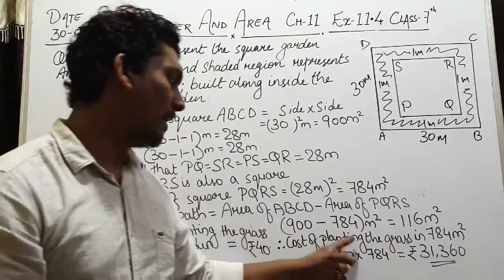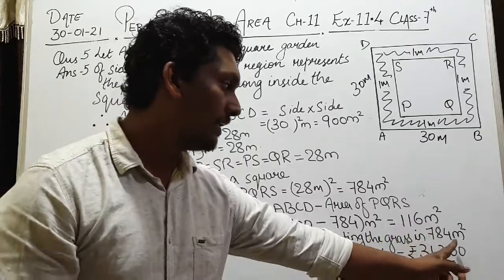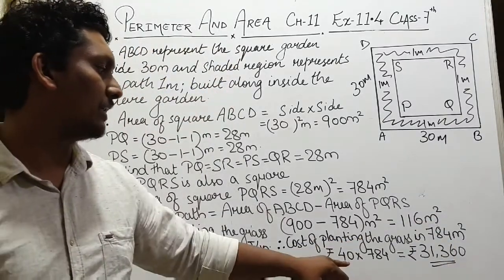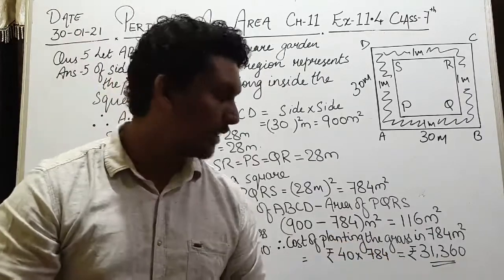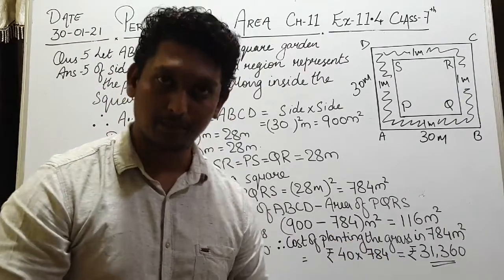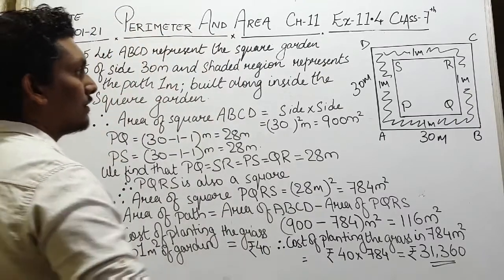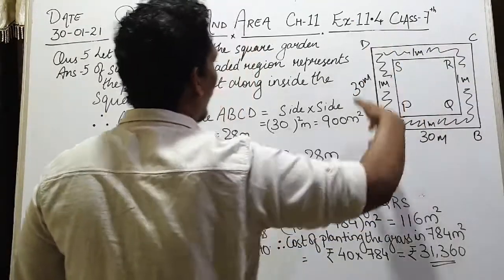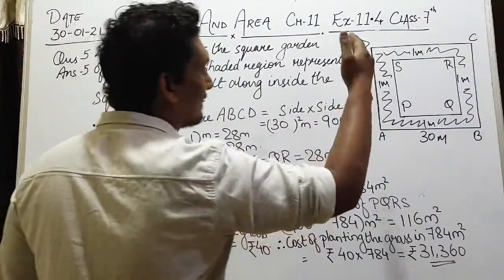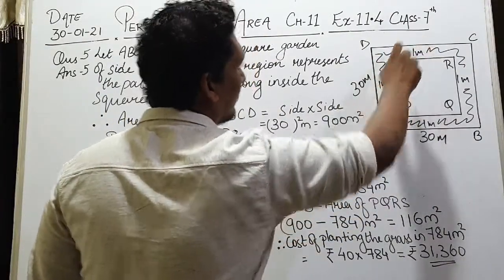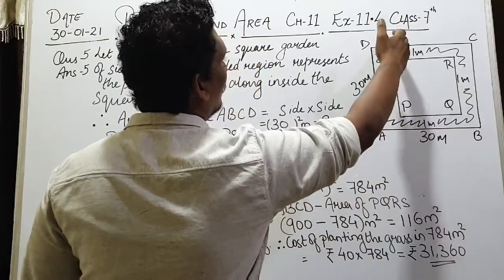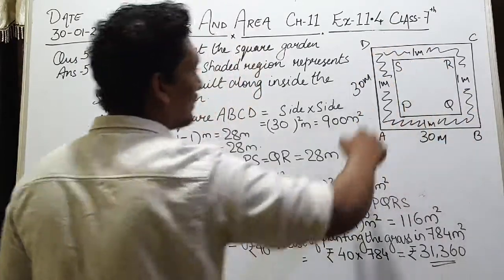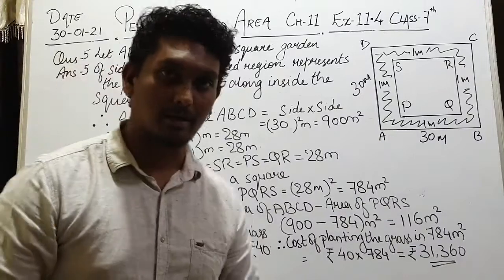So therefore the cost of planting the grass in 784 meter square, that is 40 into 784, you get rupees 31,360. Since ABCD is a square garden, inside this the path is made of 1 meter. This is PQRS. So inside this it is made, that's why we have done the subtraction here.